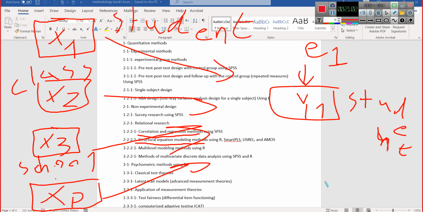For example, you may want to use multivariate multi-level regression.